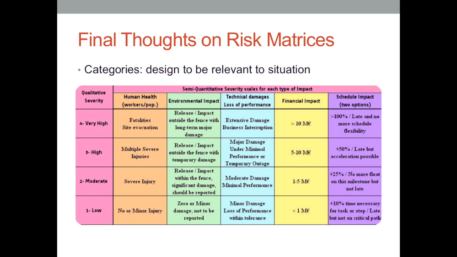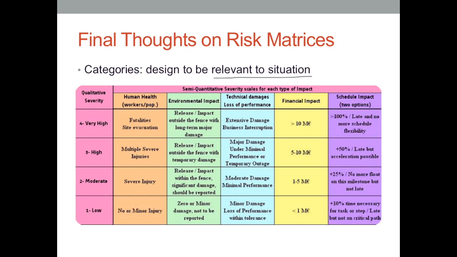You should especially customize the categories for your situation. They should relate to your given scenario. For this example, these are the categories for severity, for our consequence. And they were designed for a particular company to be relevant to all the situations that the company will cover, but they're still very specific to their particular company and the operations and the things that go on there.